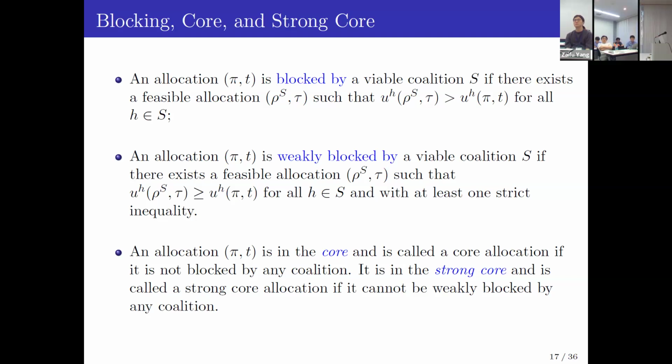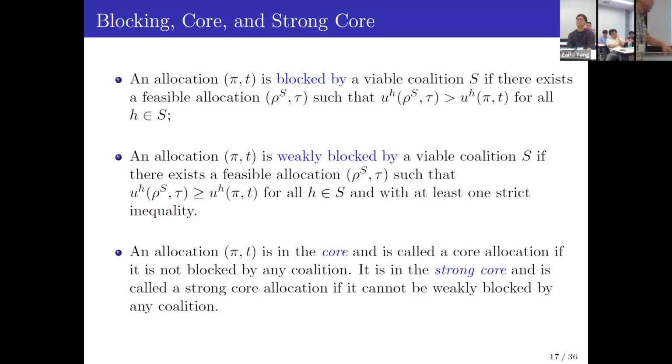Then we also have a weak version of blocking. It is weakly blocked if the utility is greater than or equal to for all coalition members, and at least one member becomes strictly better off. So that's the definition of the two types of blocking.